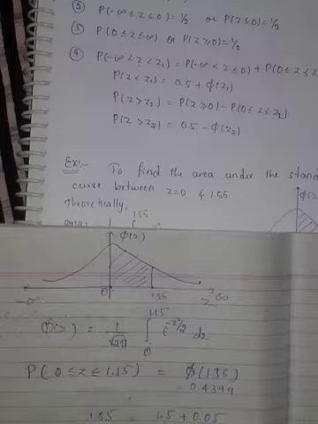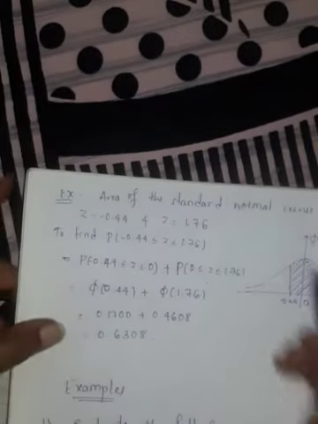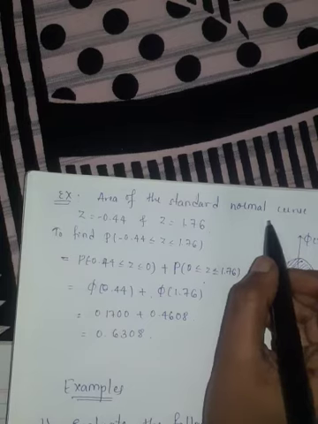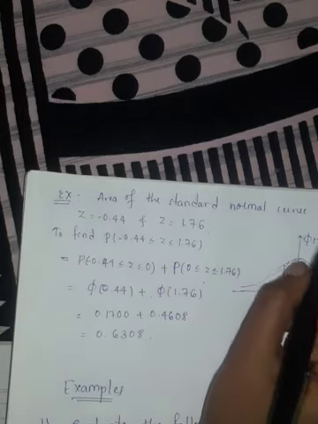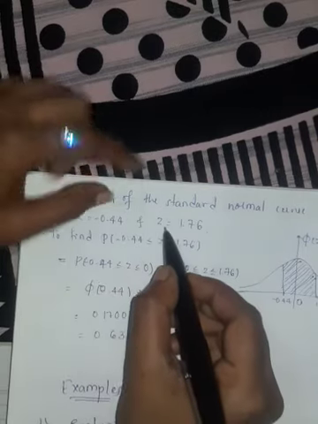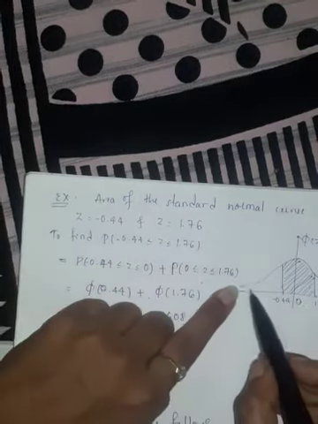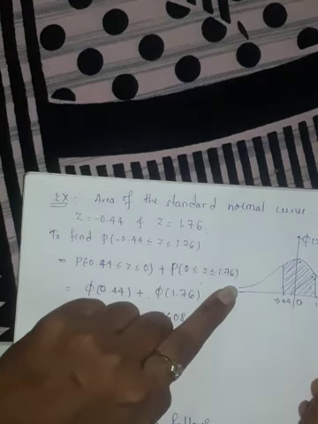So let us consider another example here. Find the area of the standard normal curve between z equal to minus 0.44 and z equal to 1.76. Now we have a curve here. This is our curve.